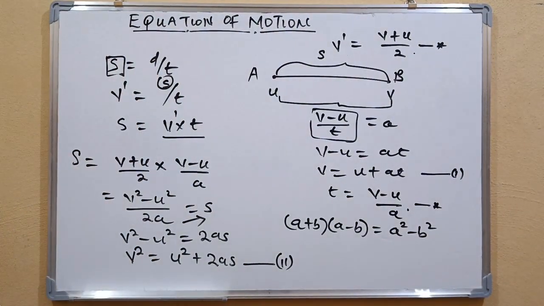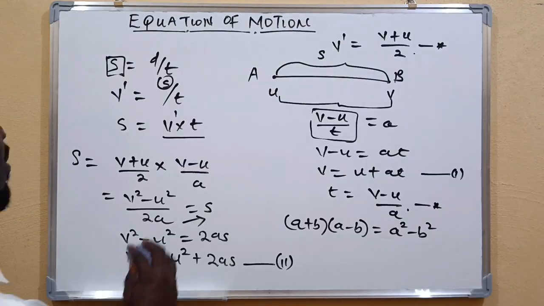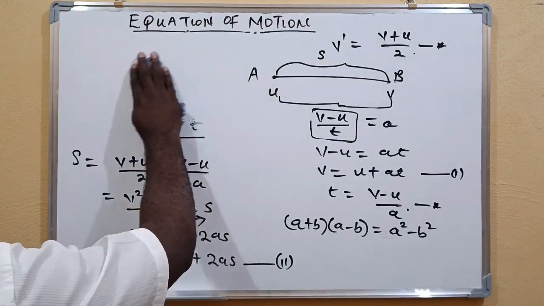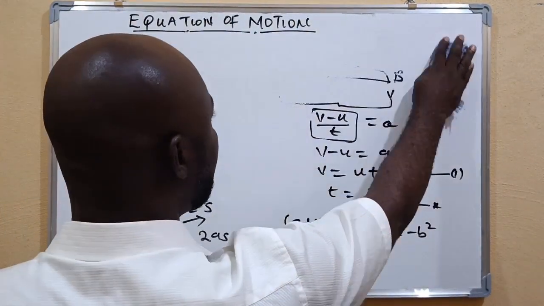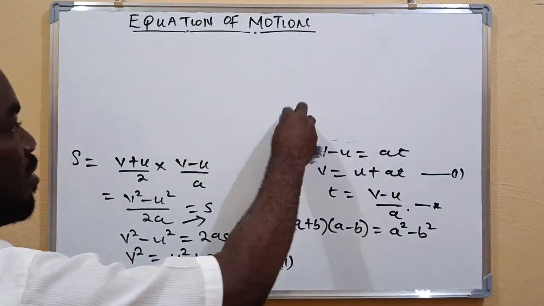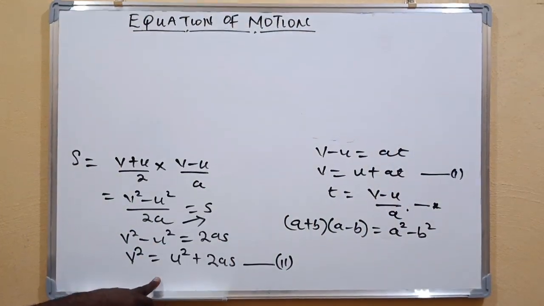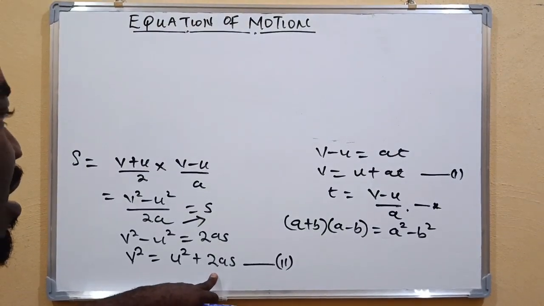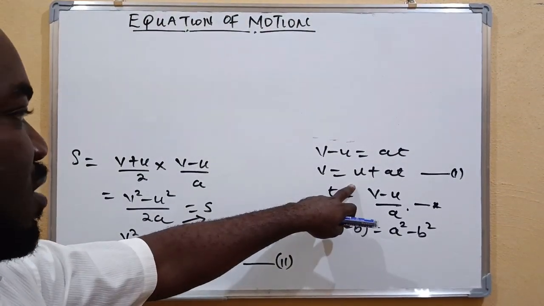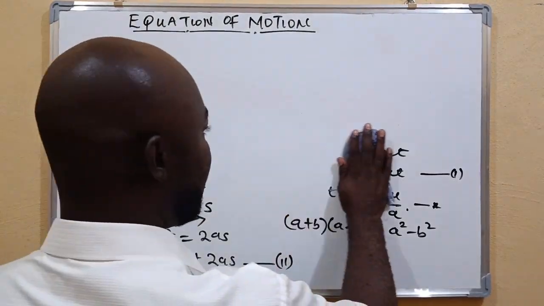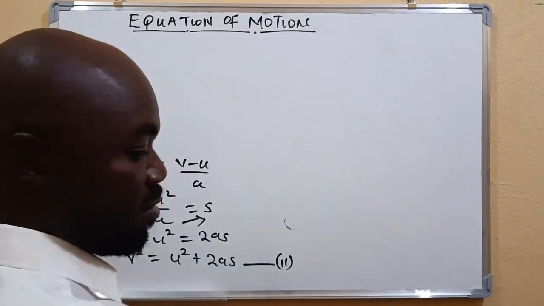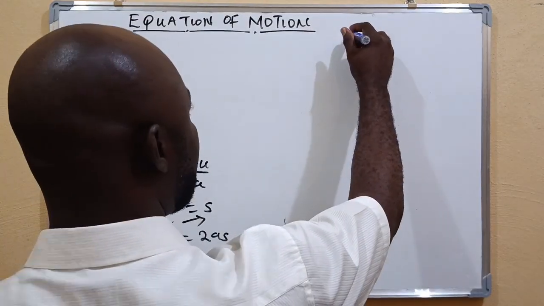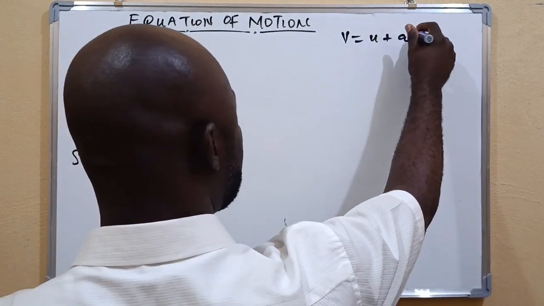How do we get the third equation of motion? So please follow closely. Let me clear one part. Now take note that this equation of motion, v square equals u square plus 2as, can be derived from this. Now take note that my v here is simply u plus at.